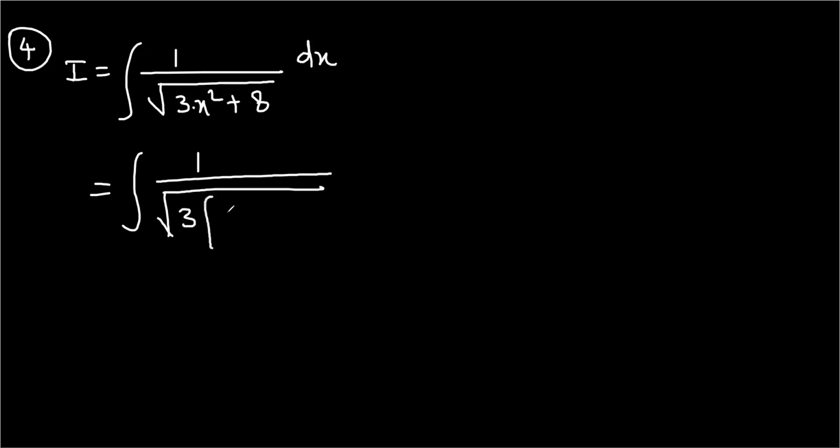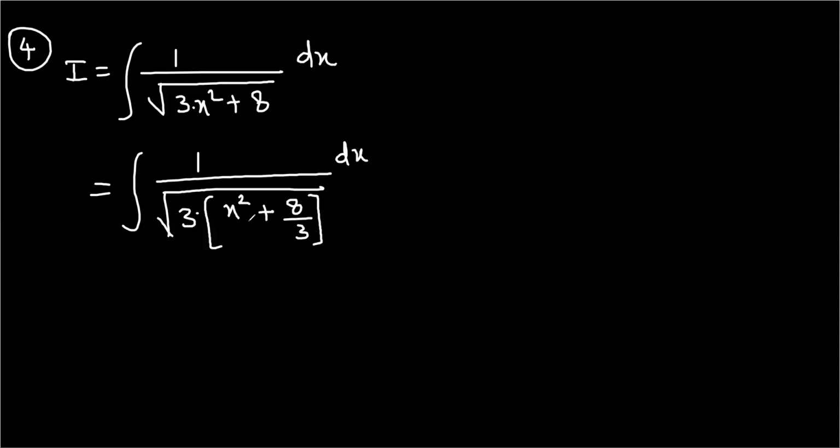So the first term is x square and the second term is 8 over 3. I hope you understand why 8 over 3, because there was no 3 here. So when you take 3 common, you will get 3 in the denominator. Okay, this is very simple mathematical step. So from 3x square plus 8, when you take 3 out, here you get x square inside the bracket plus sign, and then you get 8 by 3.